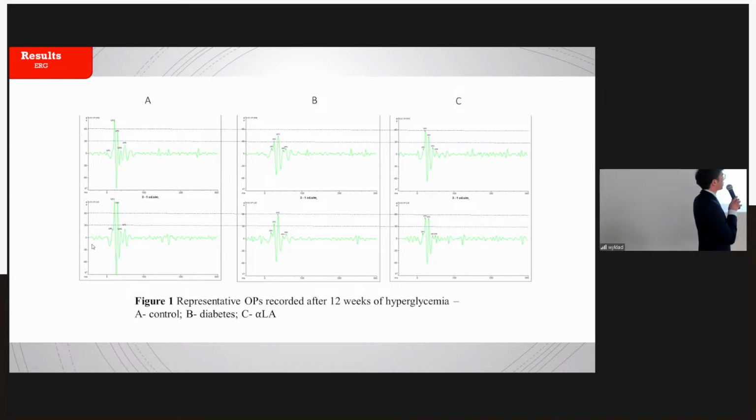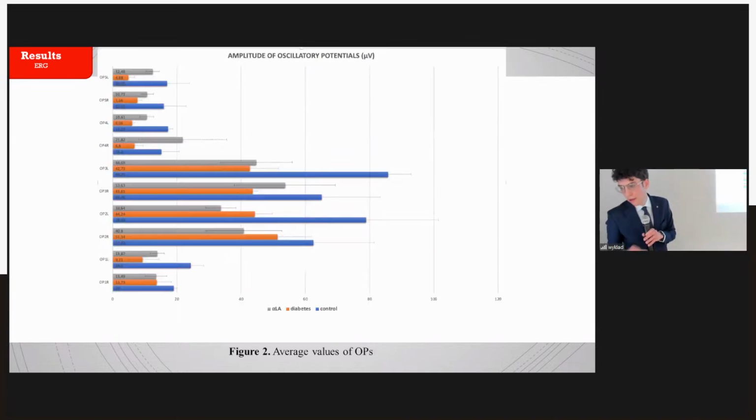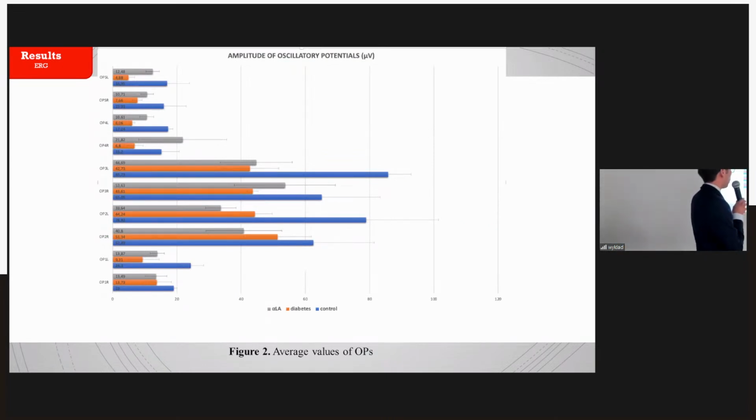So as you can see in group B, which is diabetes group, we have a very visible decrease in all oscillatory potentials with intermediate protective effect of alpha-lipoic acid in group C. And here, again, you can see the exact average values of each oscillatory potential for each eye. And as you can see, the most visible changes are in oscillatory potential 3.